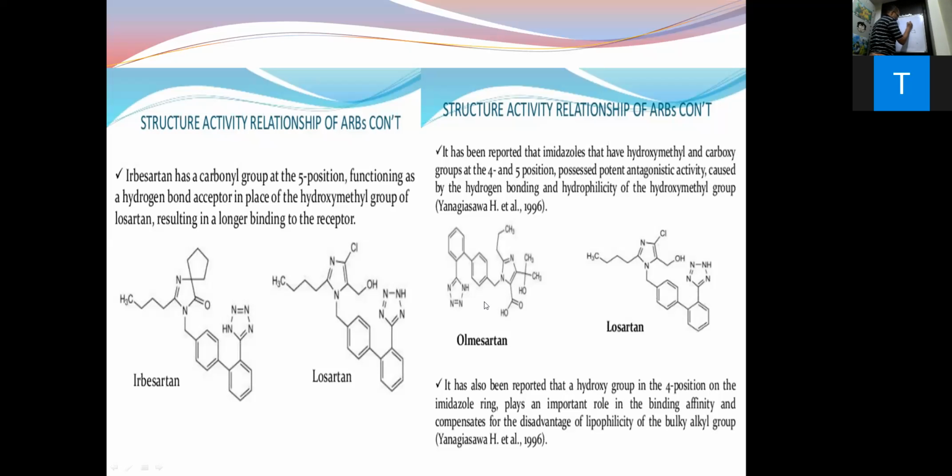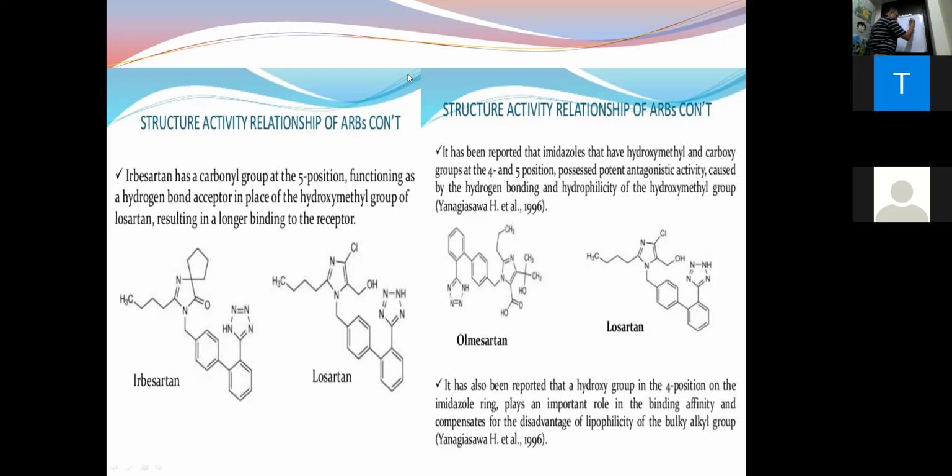Nitrogen, it's nitrogen over here. So this is your imidazole moiety. If you see over here, there is a carbonyl at the 5th position and the 4th position contains a spiro.